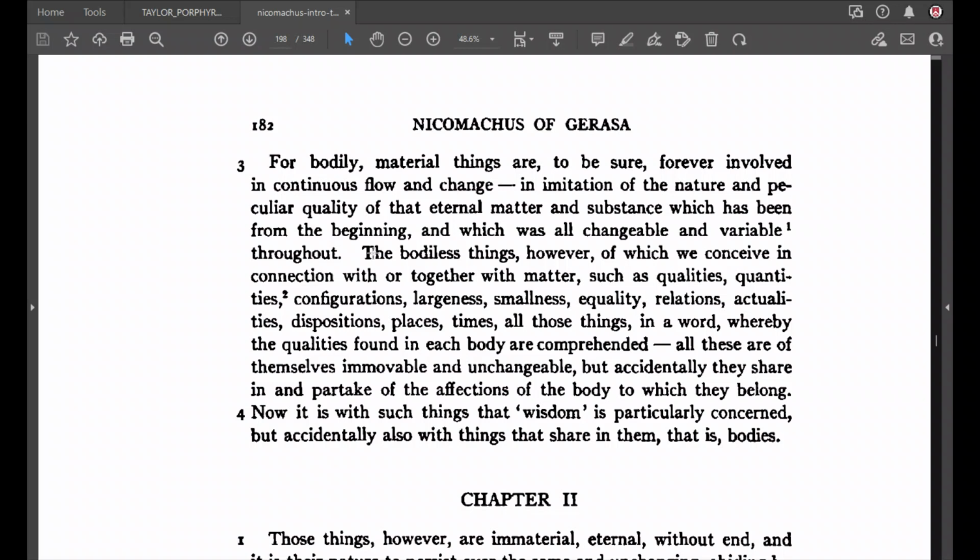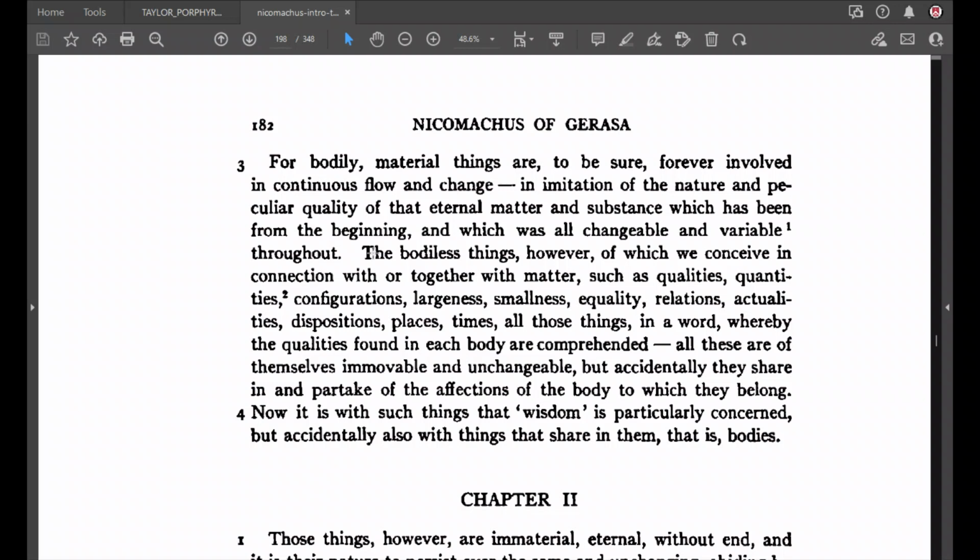These things themselves. But accidentally, as accidents, they share in and partake of the affections of bodies to which they belong. And it is with these things that wisdom is concerned.